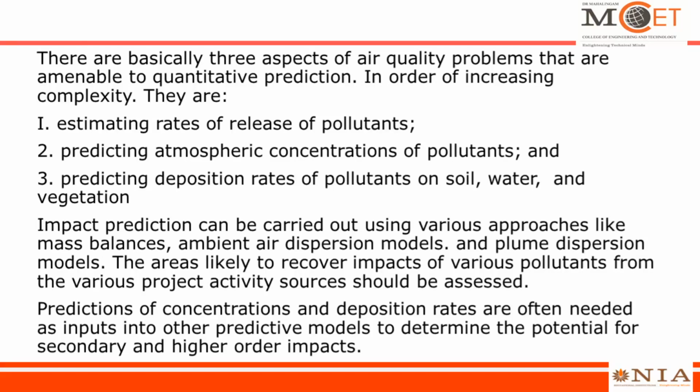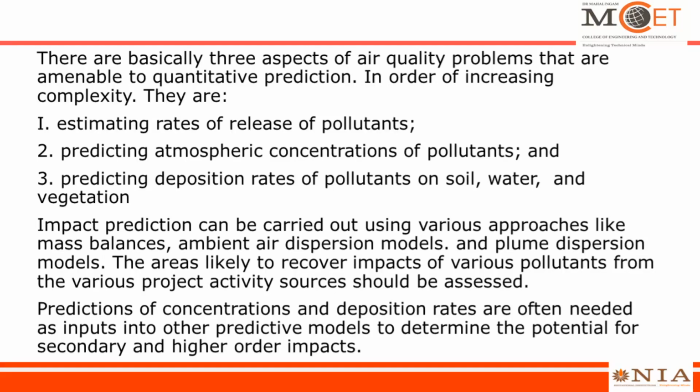These are some methods to predict how the pollutant will be traveling into the atmosphere, right? If you understand this much, it is sufficient for this course, because if I go into detail, I need to explain each one of those things in detail, which may not be necessary for you, right?